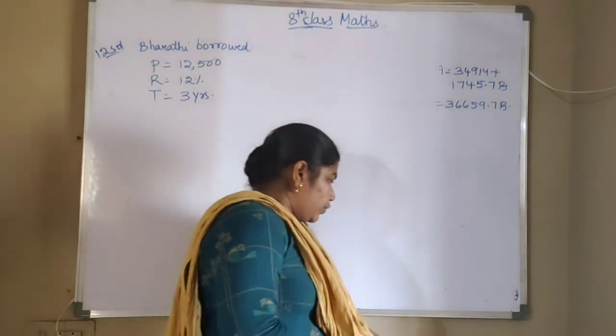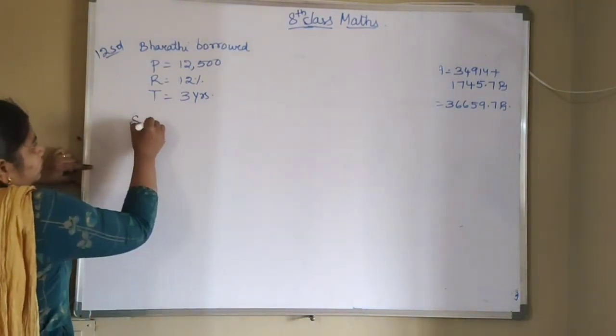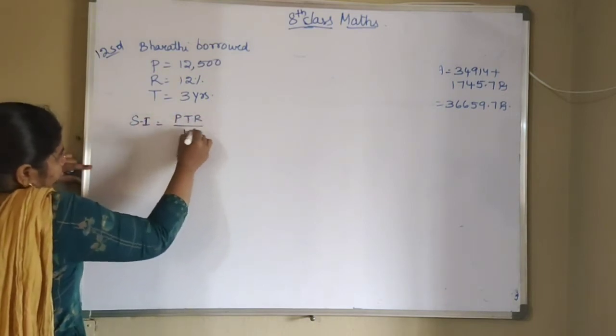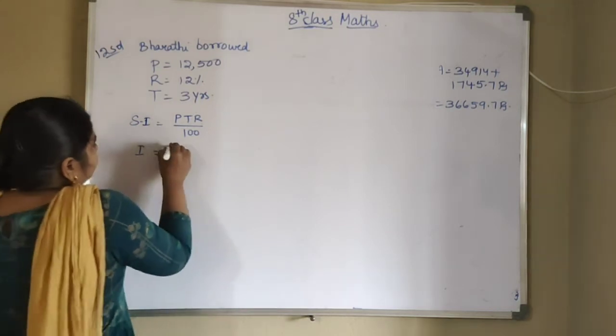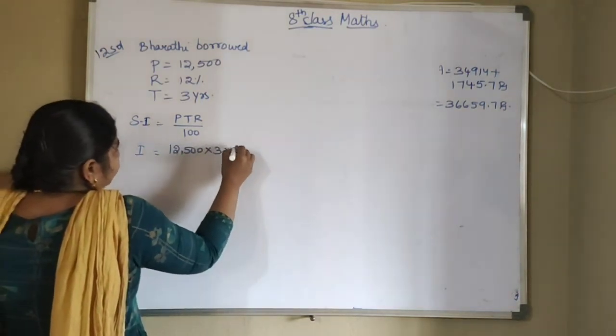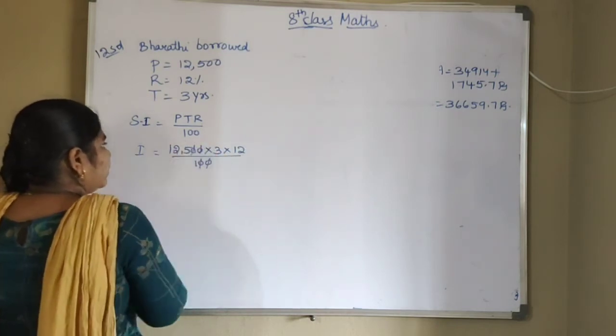What is the formula? Simple interest is PTR by 100. So I is equal to, what is the P value? 12,500 into time 3 and rate of interest 12 by 100. So the zeros will get cancelled.